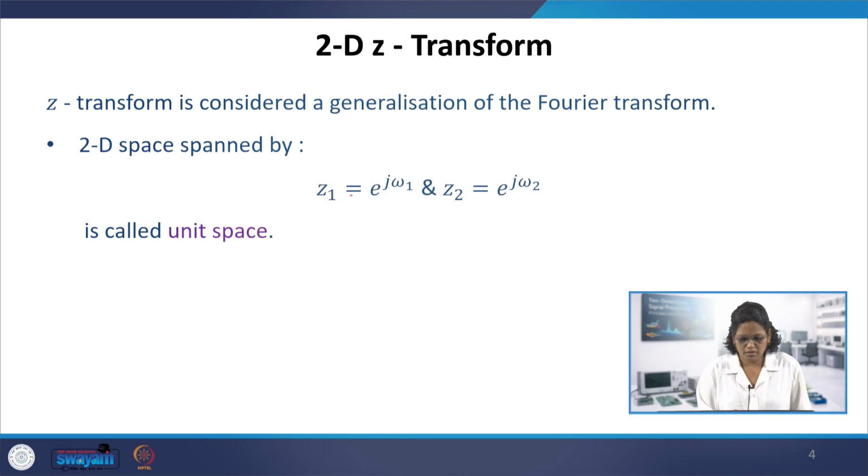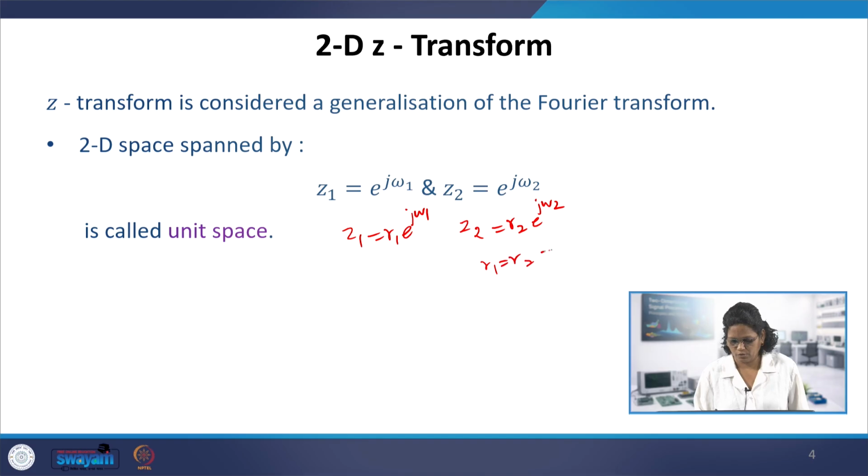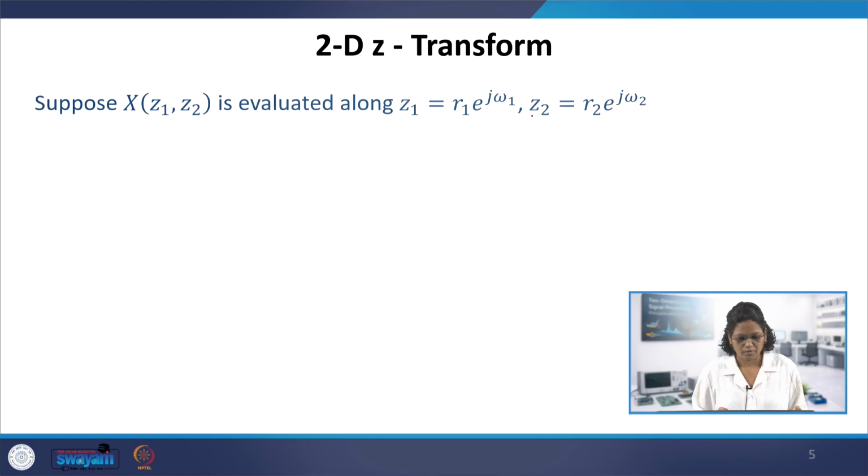Here r1 and r2 are taken as 1, so z1 and z2 span a 2D space called the unit space. We'll visualize that, and it is also called the generalized Fourier transform.